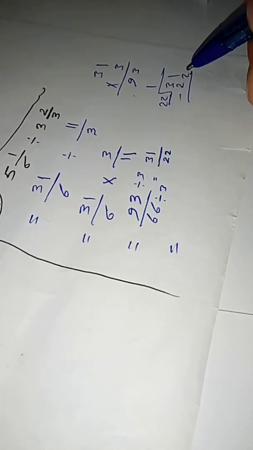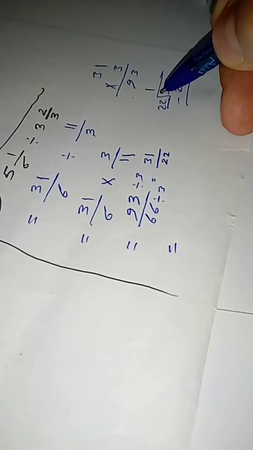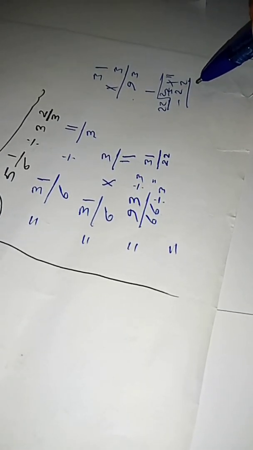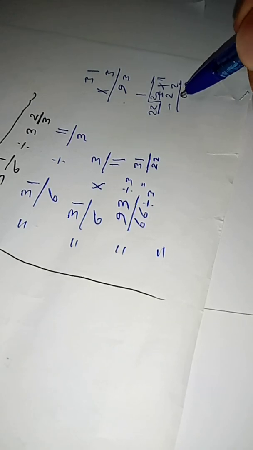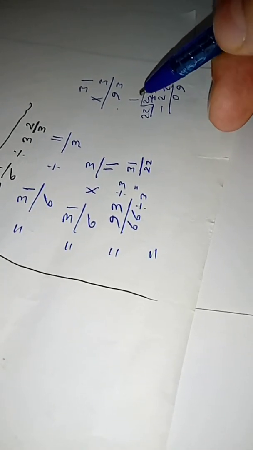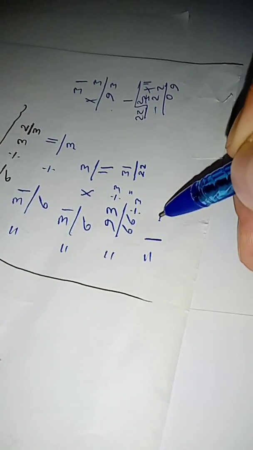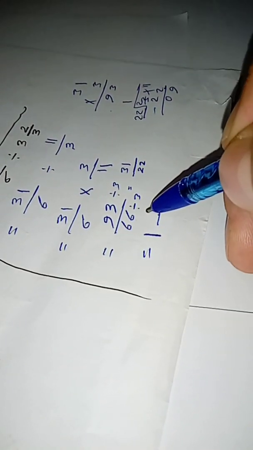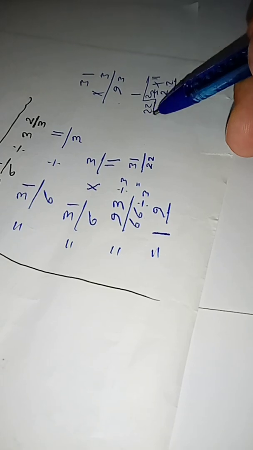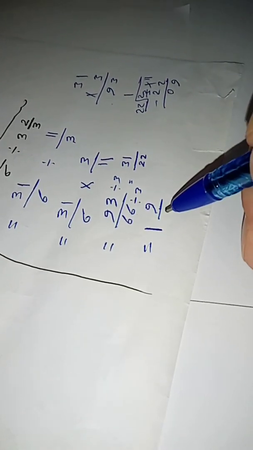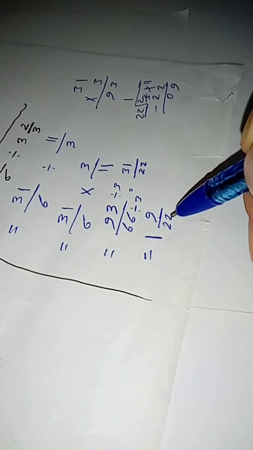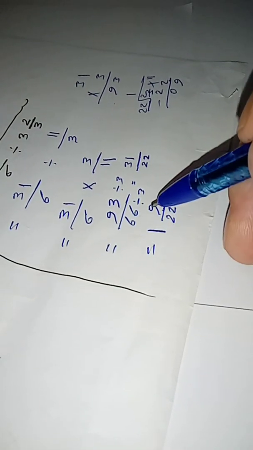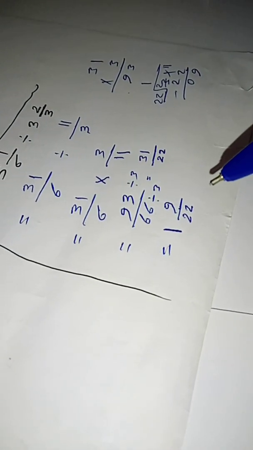Then do minus: 1 minus 2, impossible. Borrow 1 from here. Here will be 2, and here will be 11. 11 minus 2 will be 9, and 2 minus 2 will be 0. The quotient here, 1, means the whole number. The remainder down means the numerator. And the divisor here, 22, the denominator. So the answer will be 1 and 9 over 22.